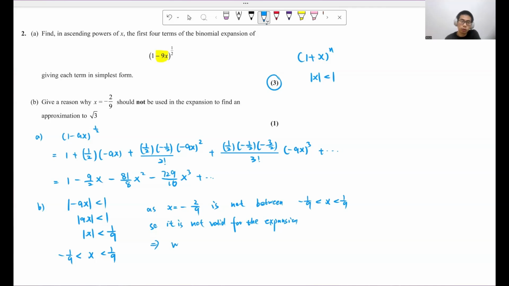Therefore, we should not use it to find the approximation to root 3.